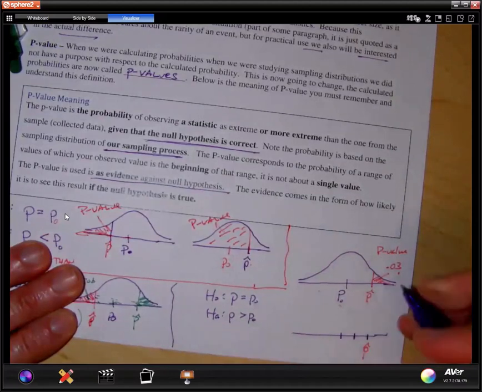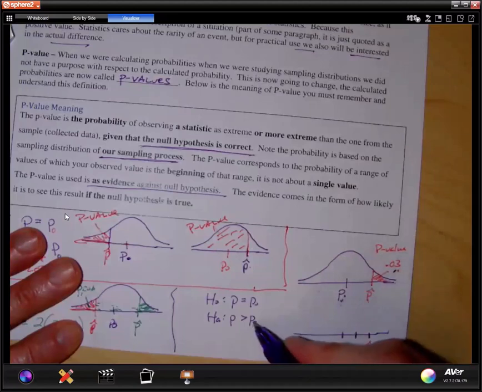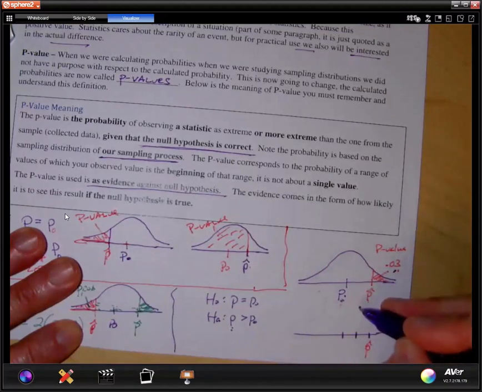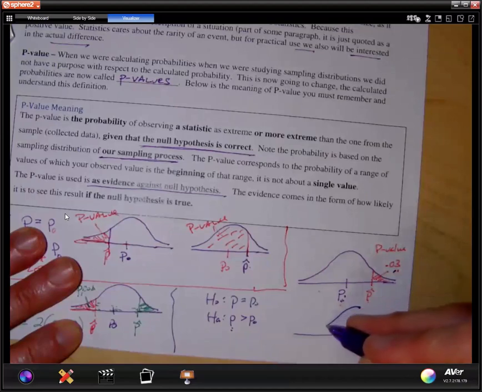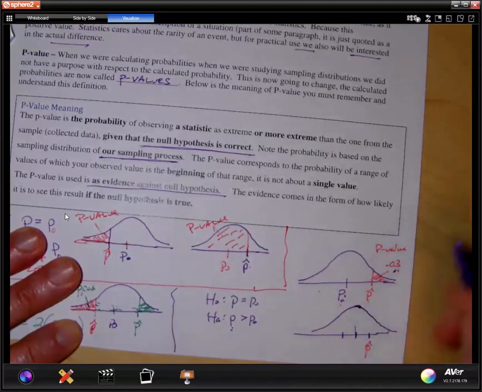Maybe what's happening is the reason we got such a rare value is because this is not correct. And indeed, just like this suggests, the real population proportion is something bigger than the one we believed to be true. When I draw my picture now, it's a normal distribution. I'm trying to make this the center of it, a little off. That's not very good.